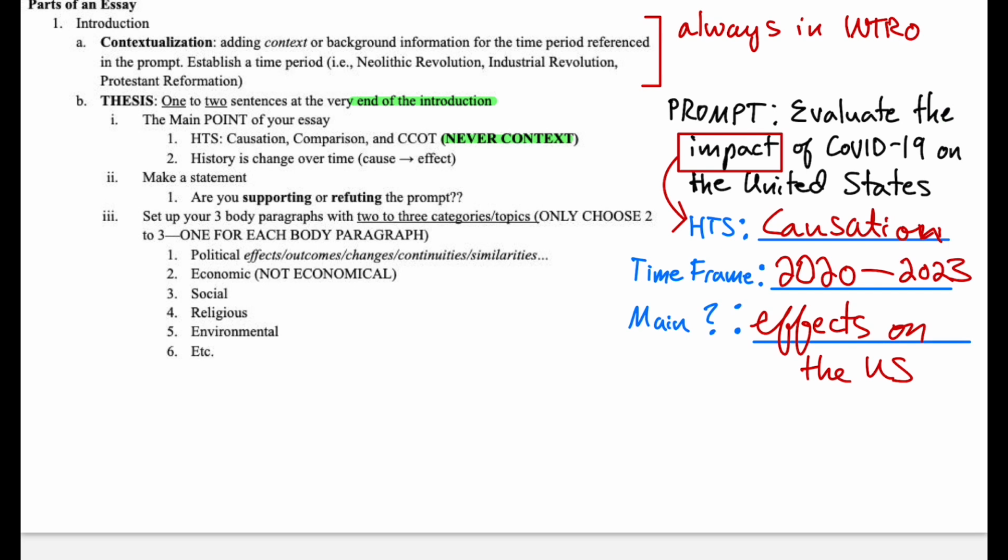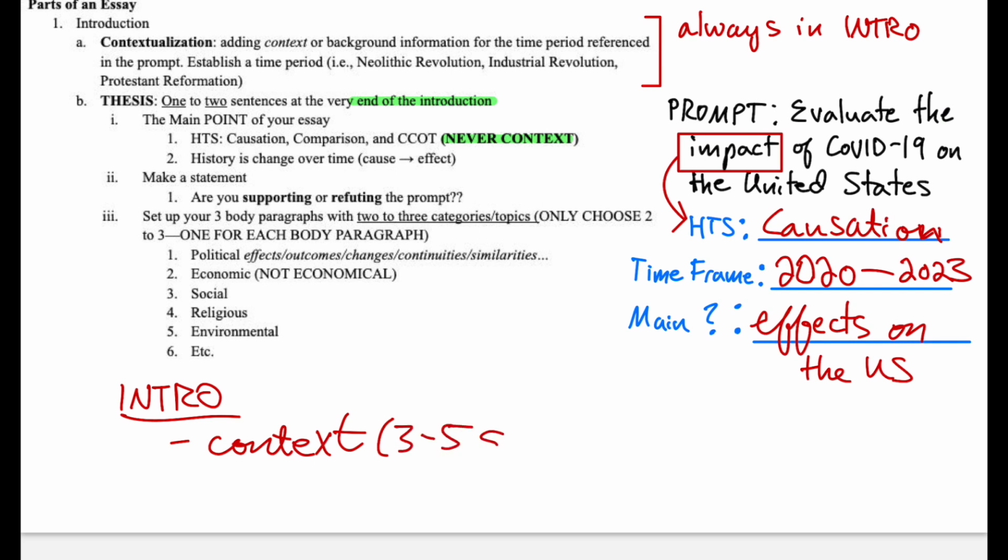Okay, so it's important to note that your intro is going to be made up of context, which is 3 to 5 sentences, and it's going to need a thesis, which is typically 1 sentence, but can be 2 depending on how complex it is.